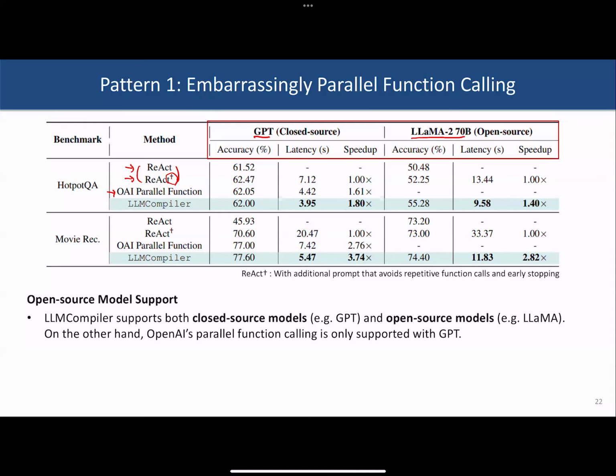This demonstrates one of the benefits of LLMCompiler: it can also be used with open source models, like your custom models trained on your custom data, which is not available for OpenAI's parallel function calling feature, which is bound to their own ecosystem of GPTs.